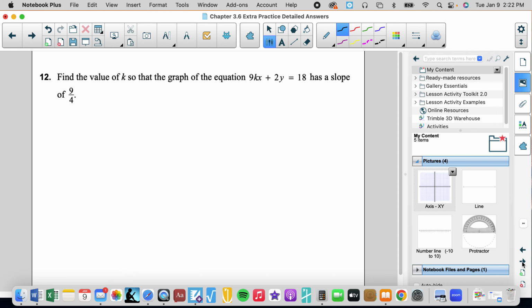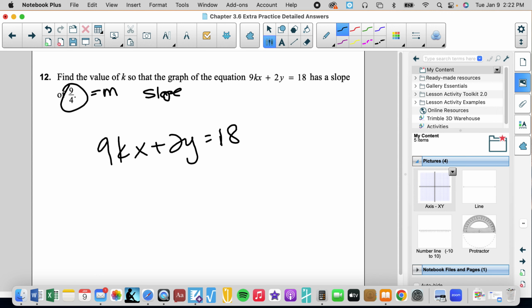Find the value of k. So the graph of the equation, 9kx plus 2y equals 18, has a slope of 9/4. Okay, well, this is in standard form. If I want this to equal m, I need to put it in slope-intercept form.